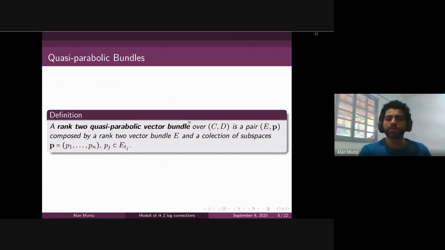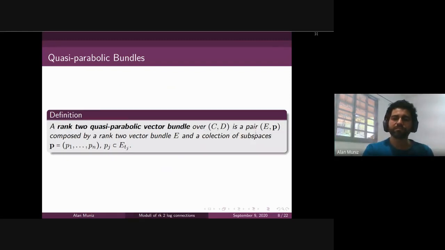A quasi-parabolic vector bundle is a pair of a vector bundle and some data P, a collection of subspaces of the fibers of the vector bundle at the points of this divisor.